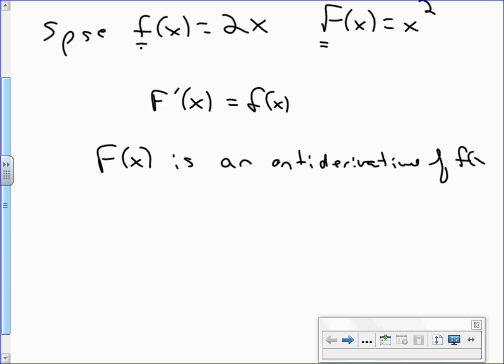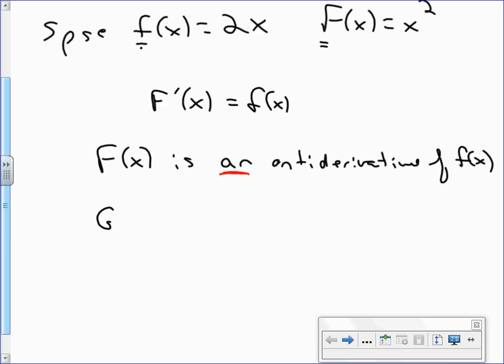of little f. This big F and little f notation is sort of universal, so you have to get kind of comfortable with it. You can use some other variables as well, but this gets used a lot. There are some other antiderivatives. This doesn't say the antiderivative, it says an antiderivative, and that's because there are a lot of other antiderivatives of little f.